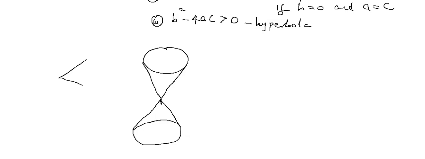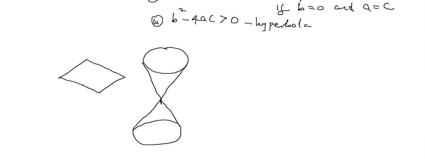If these two intersect, then you are most likely to get either an ellipse, a circle, or a parabola, or a hyperbola.